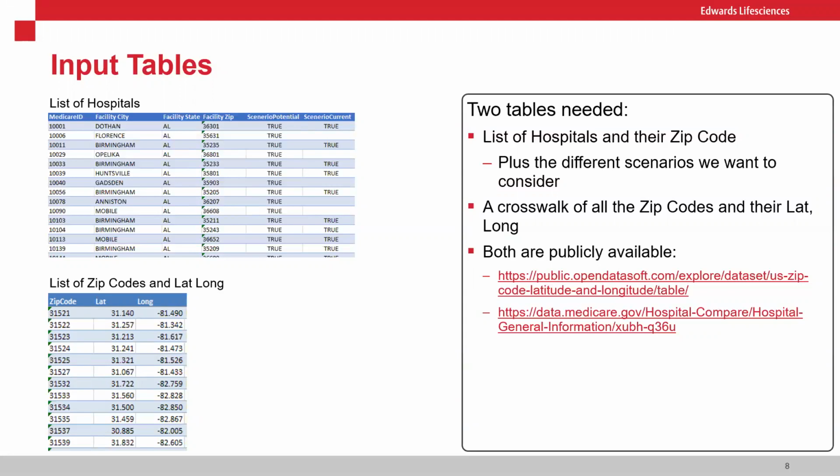So we can create a bunch of different little scenarios. If this hospital meets the minimum requirements in a scenario, it'd be within the potential. If not, it'd be without it.